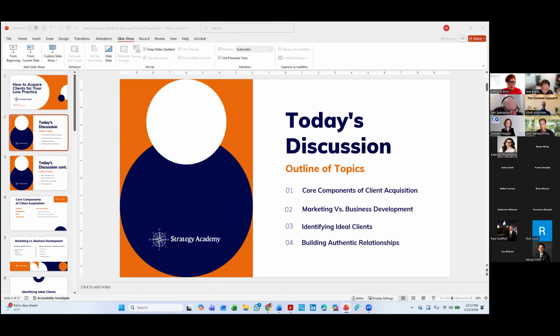So let's cover the core components of client acquisition, because knowing what they are will help you understand the details included in the path to acquiring a client. The core components that I feel, and research has proven, to be of high value are visibility, engagement, trust, and consistency.